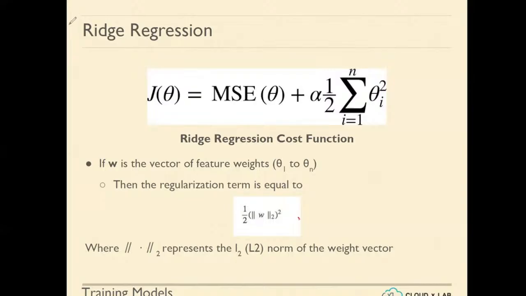So this MSE theta is your original cost function C theta, and here we are using some regularization term R that also depends on theta, right? So the form is C theta plus some regularization constant alpha times R theta by 2.